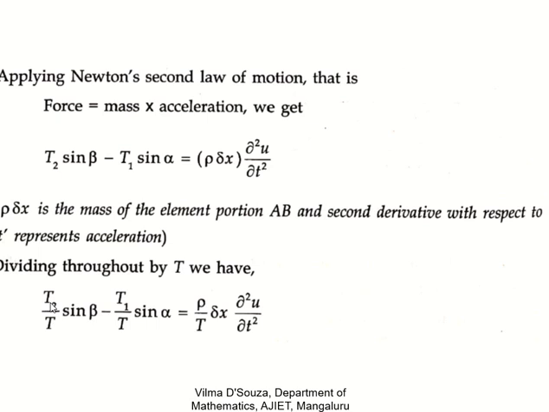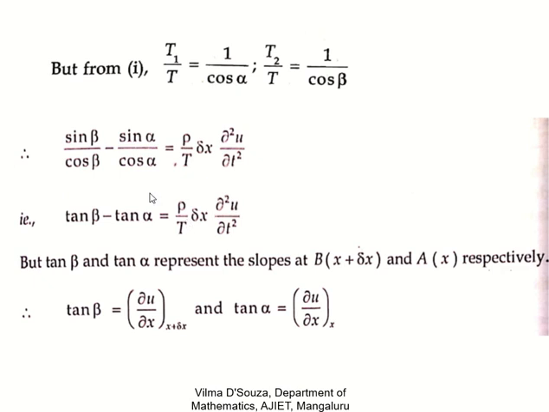So you have here T2 by t sin beta minus T1 by t sin alpha is equal to rho by t delta x dou square u by dou t square. So substitute for T2 by t, which is 1 by cos beta, and T1 by t, which is 1 by cos alpha. So what does this term become?